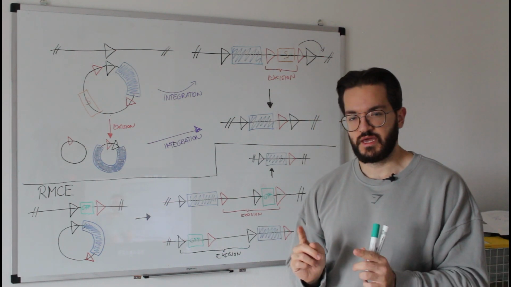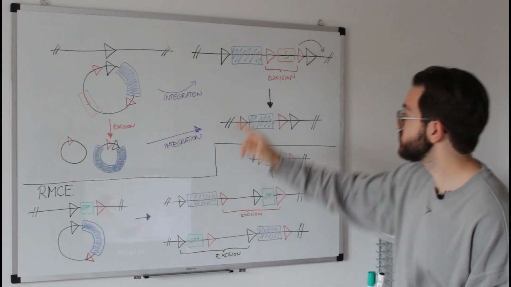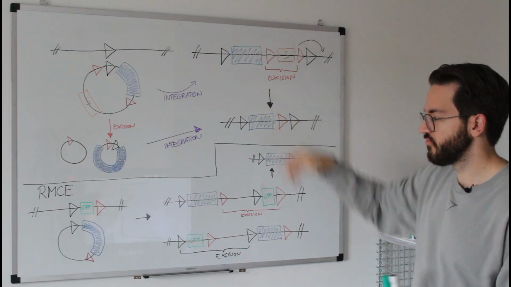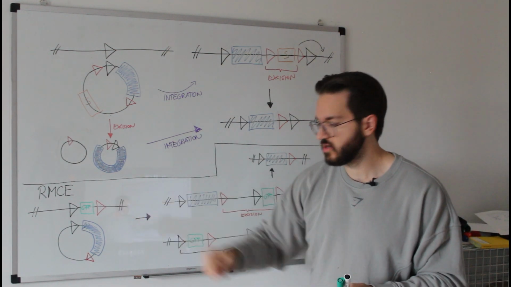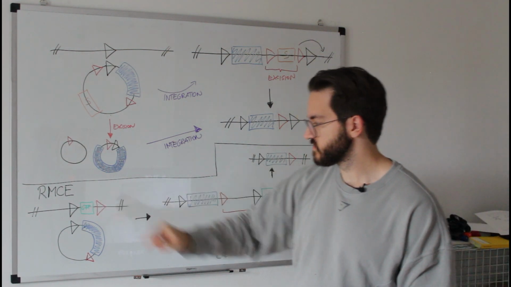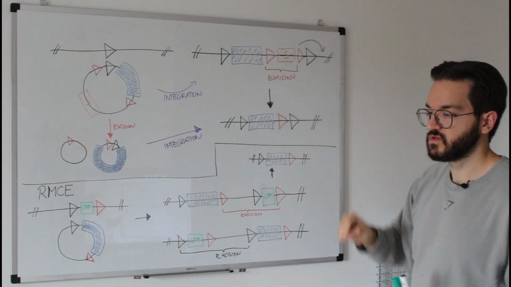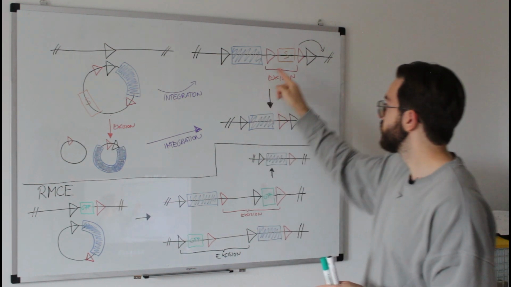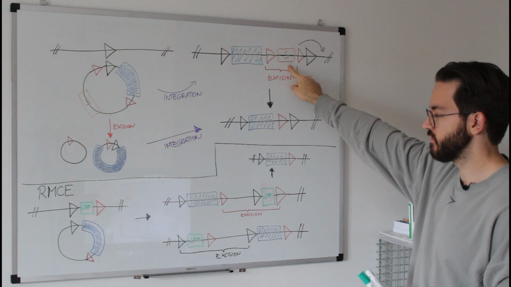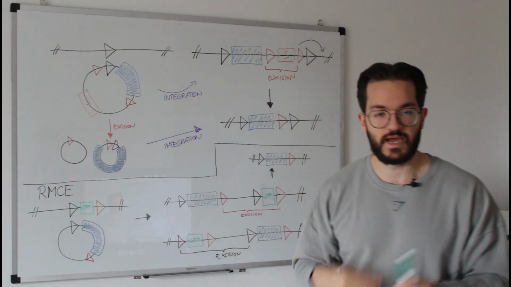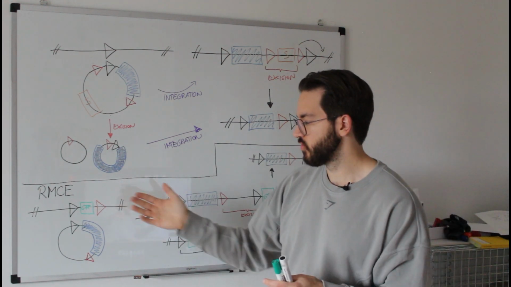Why is that an advantage? So the selection gene that we had before here for enrichment, we don't need this because we have it now here, although this is a negative selection gene or a reporter gene, and this would be a positive selection gene. So here we select for the presence of the backbone, and here we select for the absence of the landing pad or the reporter gene.